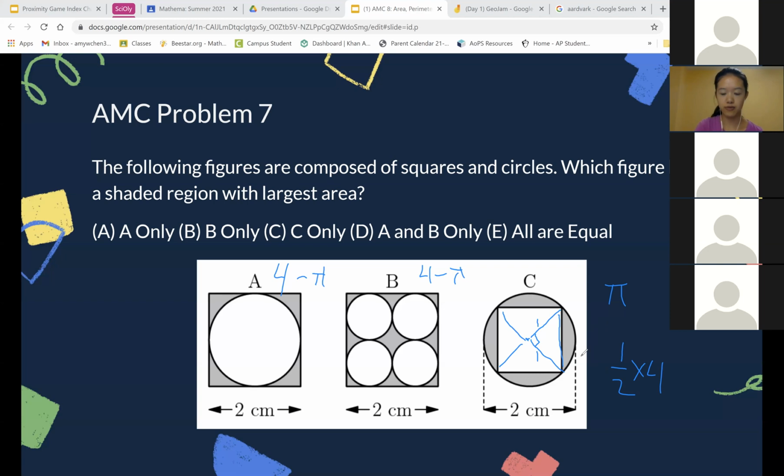So if we multiply by 4, the area of the square is 2. So the area of the shaded region for figure C would be the circle minus the square, which is just pi minus 2. And pi minus 2 actually has a larger value than the others. So pi minus 2 is greater than 4 minus pi. So the answer would actually just be C.